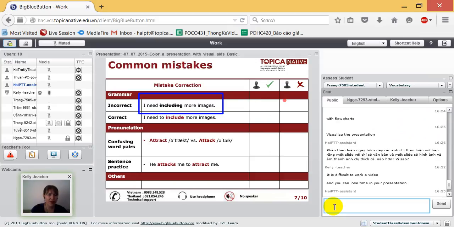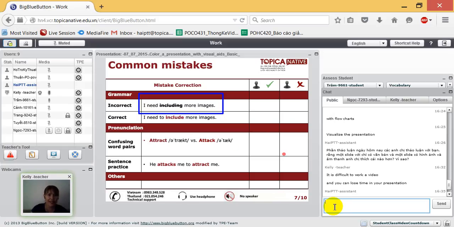So, Trang, why is this incorrect? Oh, sorry, Trang, you're still muted. Why is this incorrect? Yes, I need to include more images.